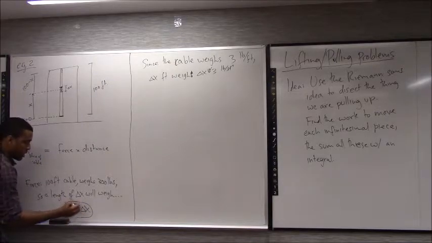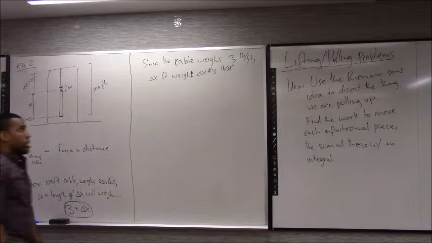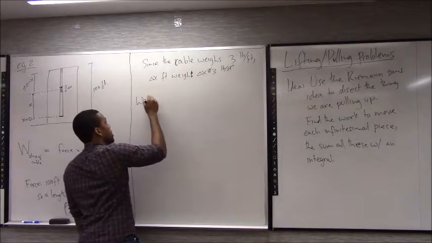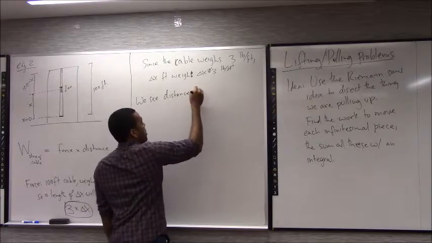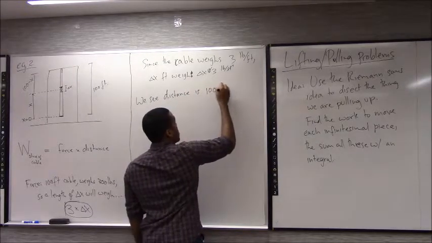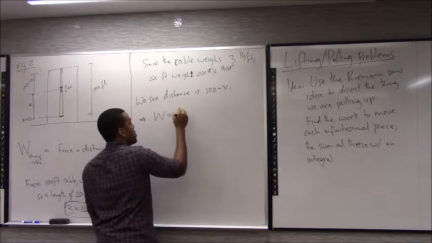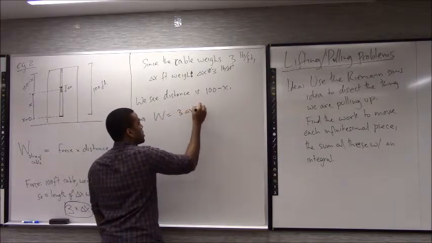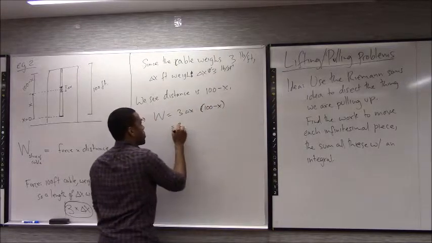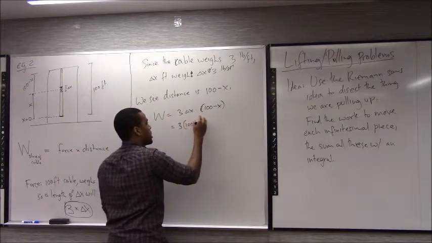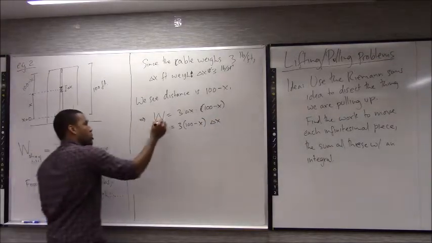Well, that's not the total answer. So that's one part of the equation that we have. We see that the distance is 100 minus x. This means that your work is going to be 3 delta x times 100 minus x, or 3 times 100 minus x times delta x, just to be very suggestive. And this is just for the one slice.